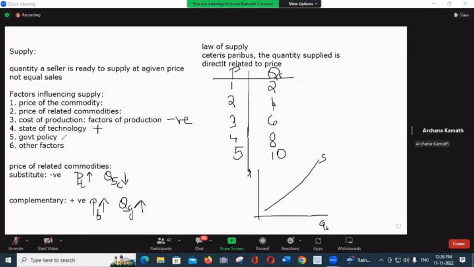Government policies: tightened policy can be applied, relaxed policy can be applied. New taxes being imposed on businesses, or taxes are increased, how is it going to help you? It's going to cut down your production.